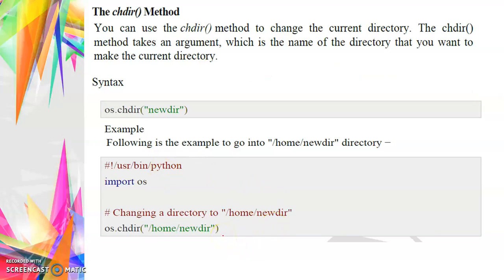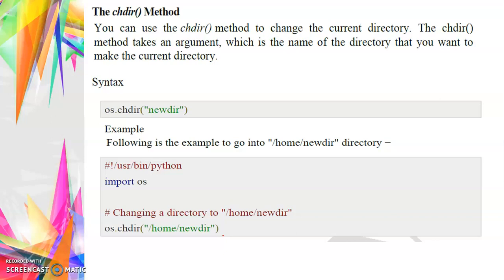Next, change directory. We can change the current directory to another location. We can use the change directory method to change the current directory. The syntax is chdir. If you want to create a directory, it is mkdir, make directory.